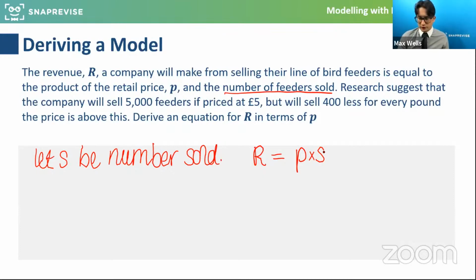Then it says research suggests that the company will sell 5,000 feeders if priced at £5, but will sell 400 less for every pound above this, and then derive an equation in R and P. So this is where we've got to work out how S fits into this and how we can replace it.